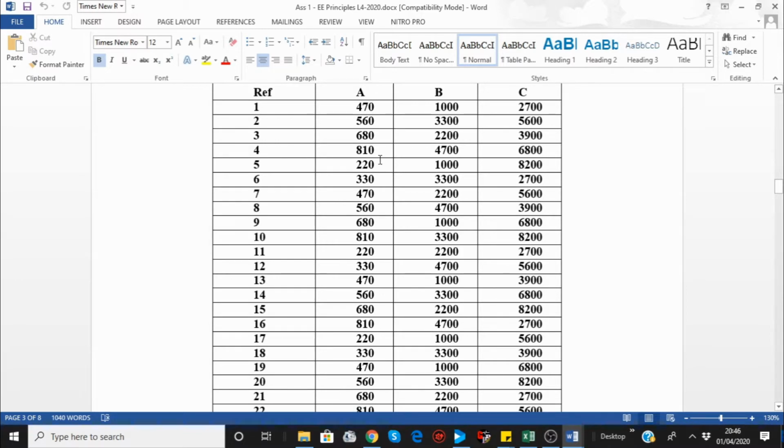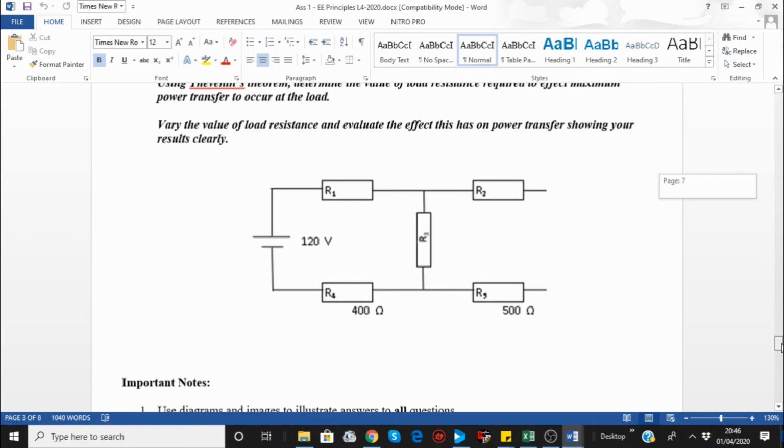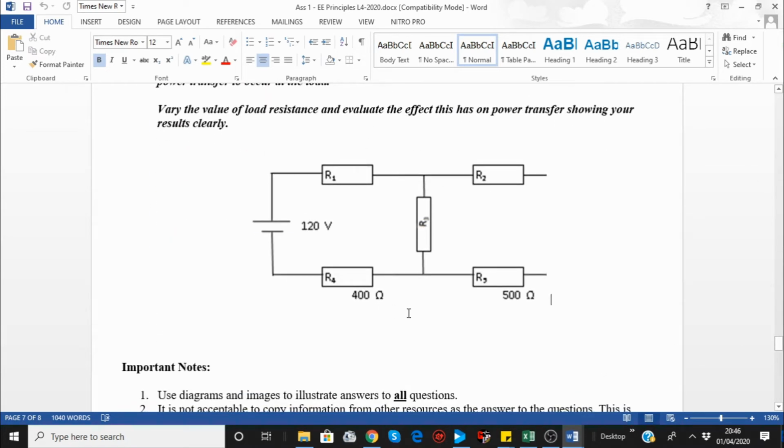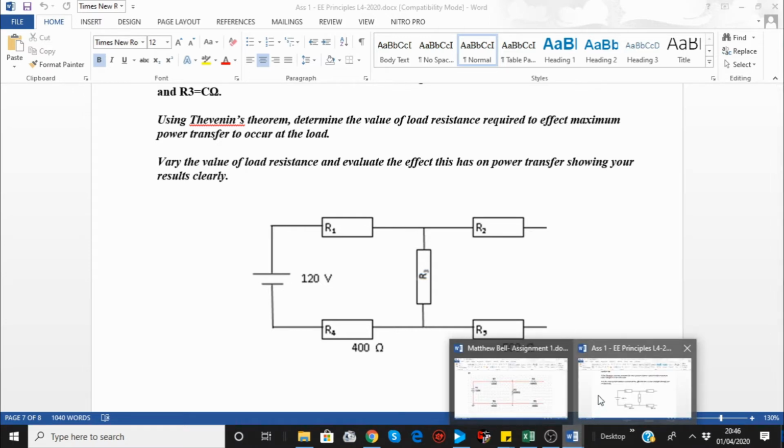For R1 you have 220, R2 you have 1000 ohms, and R3 8200 ohms. R4 and R5 are given in the question, 400 and 500 ohms. And of course the voltage is 120 volts, as given.